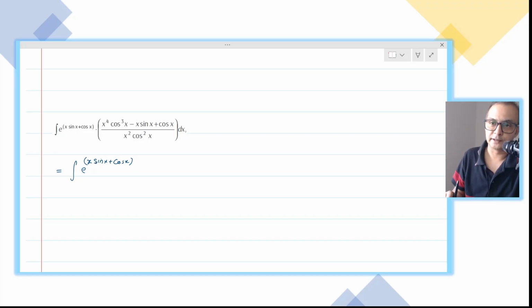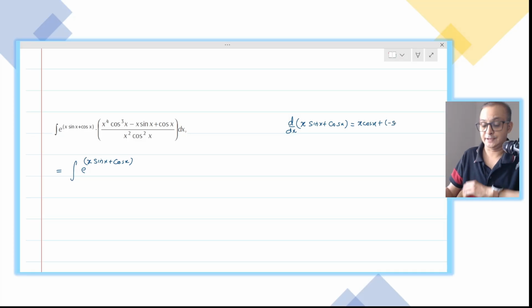So the derivative of x sin x plus cos x: you apply the product rule in the first term. It'll give you x cos x plus sin x, and there's a minus sin x for cos x. So this will give you x cos x.